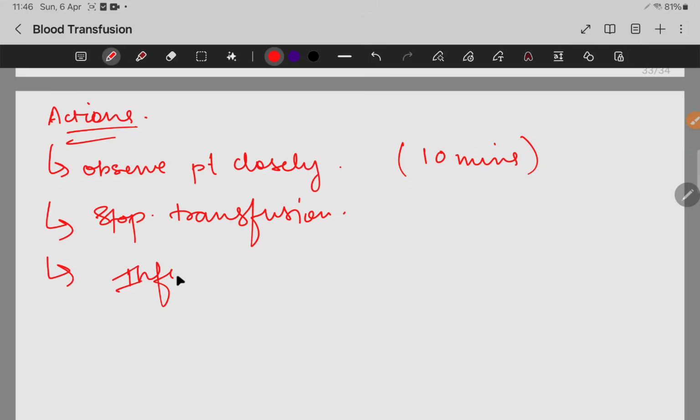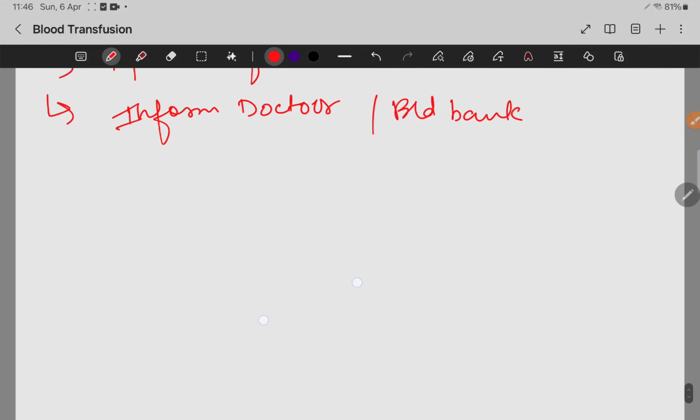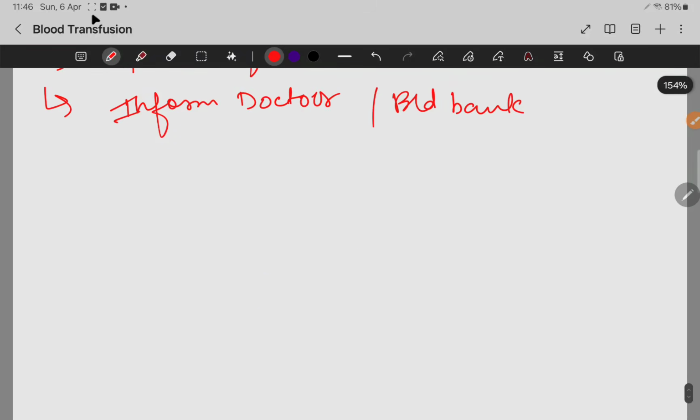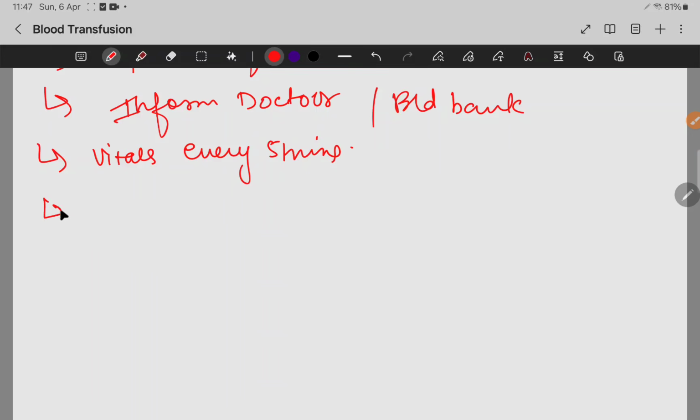Inform the doctor and the blood bank. You have to monitor vitals every 5 minutes to assess for shock or any collapse. Maintain IV infusion with NS.